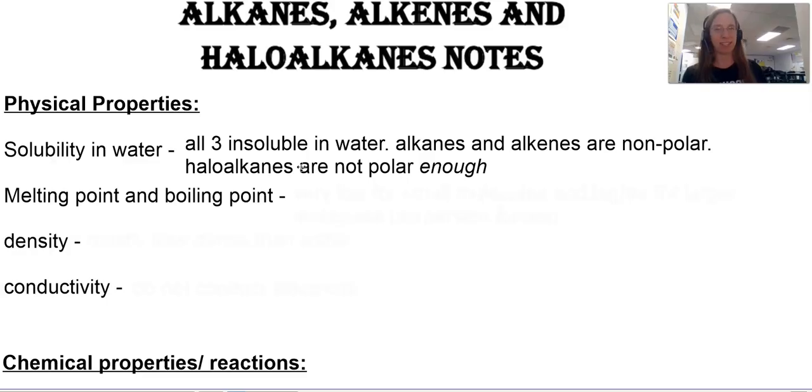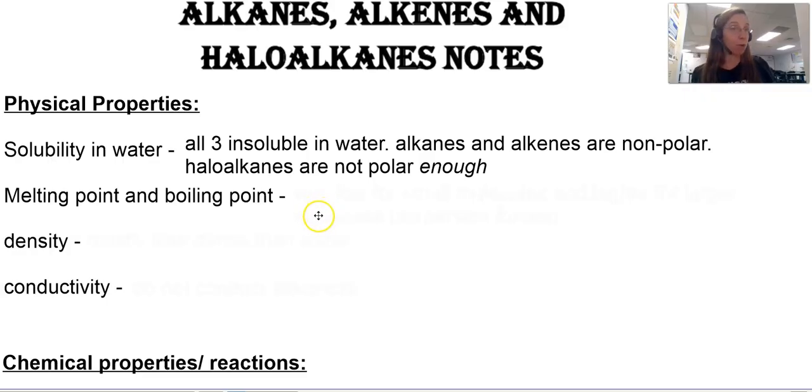And we'll see later that hydrogen bonding is the other thing that is very important when understanding when things do dissolve very well in water. So haloalkanes are a little bit polar, but not very polar. They dissolve a little bit, but even when something dissolves a little bit, we usually call it insoluble, because it doesn't dissolve very much.